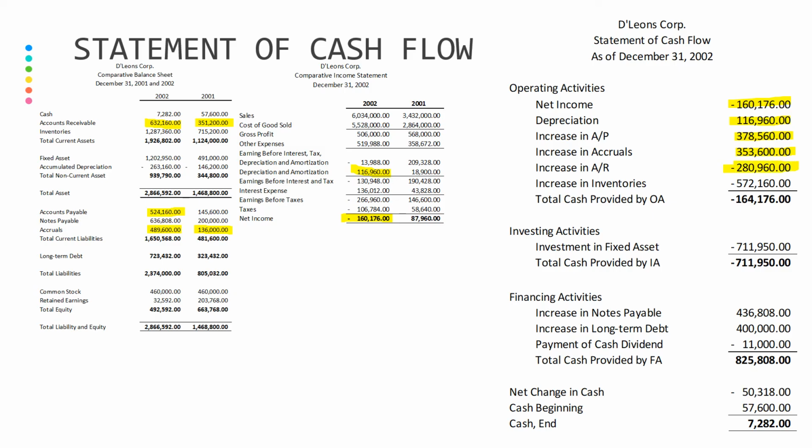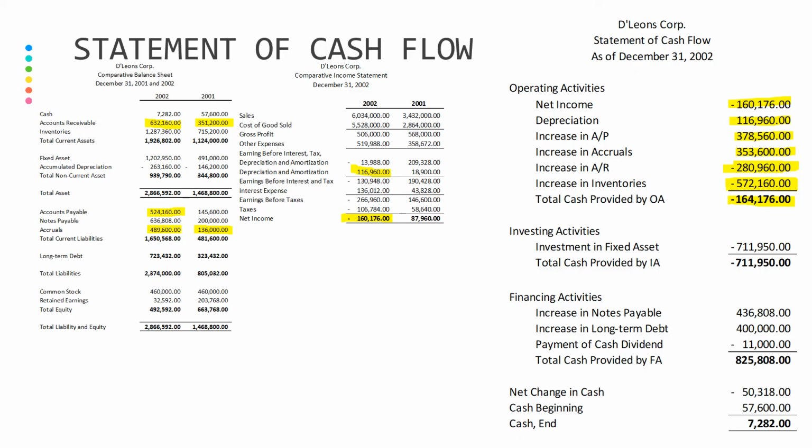So that will be a deduction from the cash flow. Increase in inventory: 1,287,360 less 715,200. So that is an increase of 572,160, or a cash outflow for the Leon Corp. So for the total cash provided by the operating activities, it has a negative 164,176.